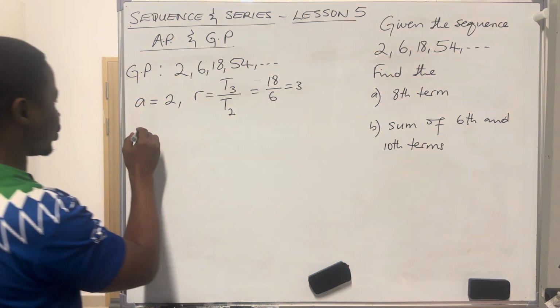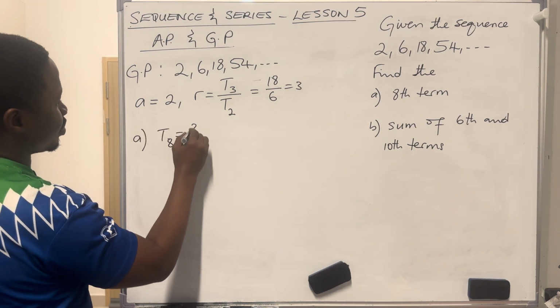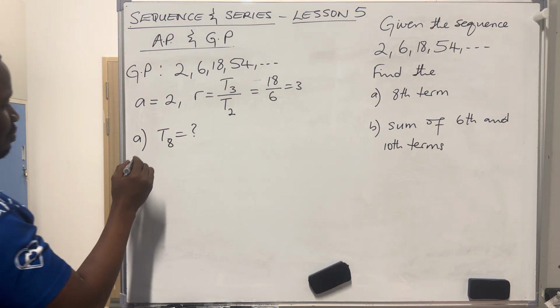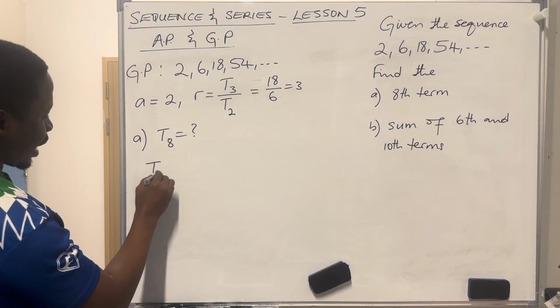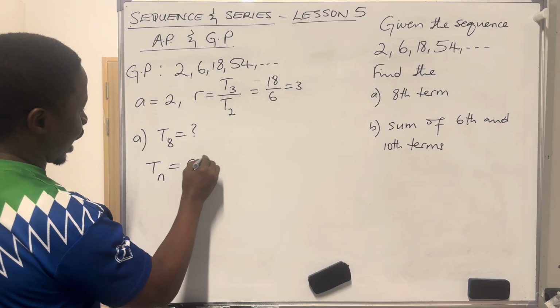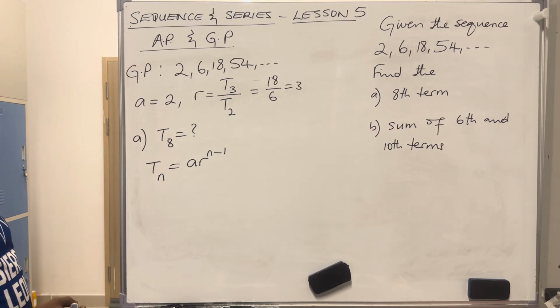So now we want to find the 8th term. But generally for GP, the nth term, that is the general term, is AR to the power n minus 1.